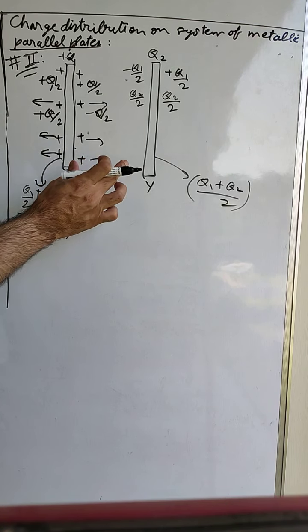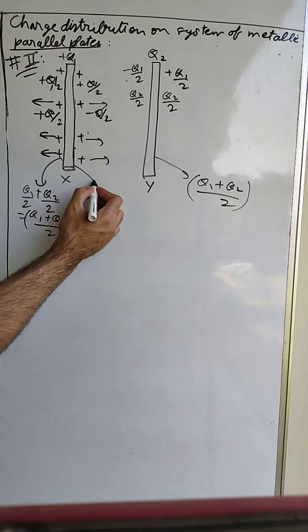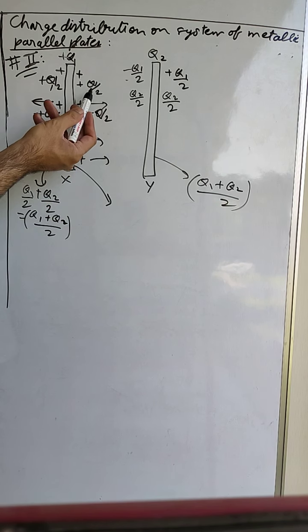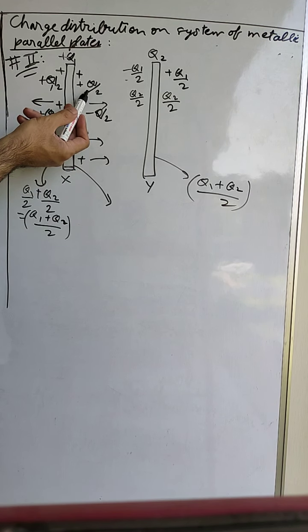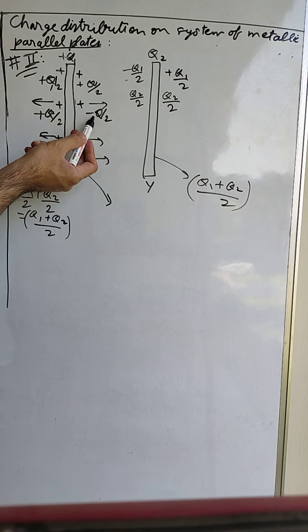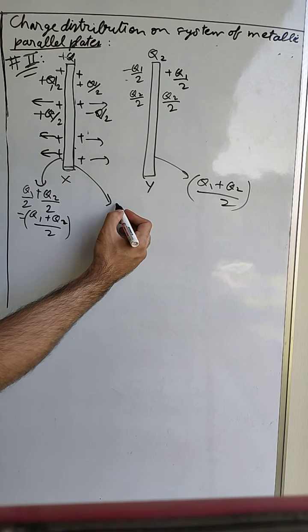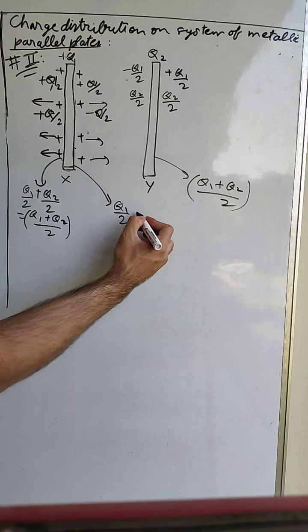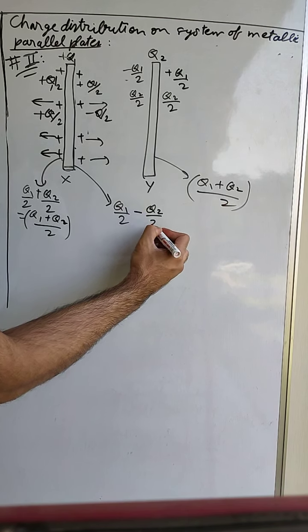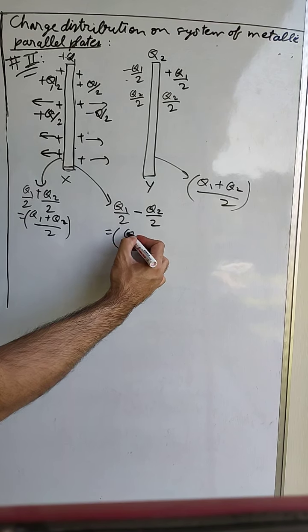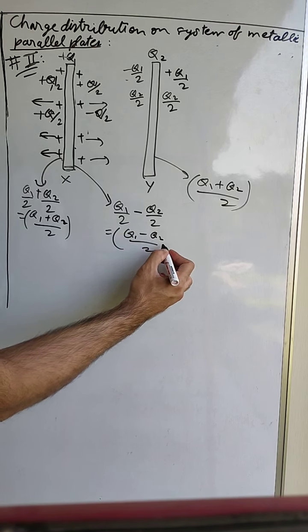Now if we look at the inner surfaces, this surface has Q1 by 2 charge, which was already there, and minus Q2 by 2 charge, which came because of the other plate. So the total charge here will be Q1 by 2 minus Q2 by 2, equal to Q1 minus Q2 upon 2.